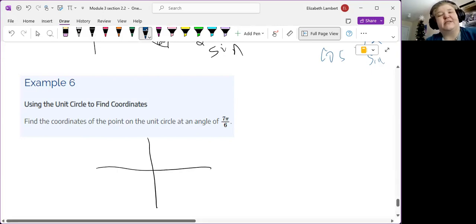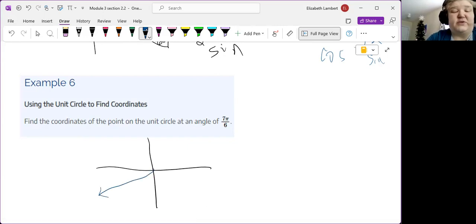So 7 pi over 6 is a little bit bigger than 6 pi over 6, which is pi. So it's down here. Now, if you look at the unit circle, pi over 6, and then 5 pi over 6, 7 pi over 6, and 11 pi over 6, all 4 of those share the same reference angle.